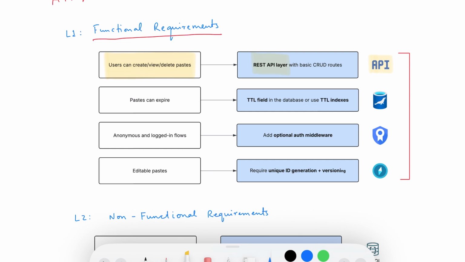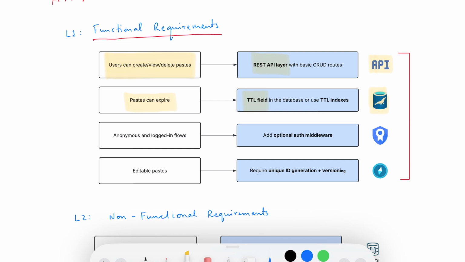Now the second question was, can the pastes expire or not? The answer that came from the business or product was yes, the paste should expire after a certain amount of time. So our architect implemented a TTL, or time-to-live, field in the database, or we can use TTL indexes as well. That helped us in making the index choice and the database schema choice.